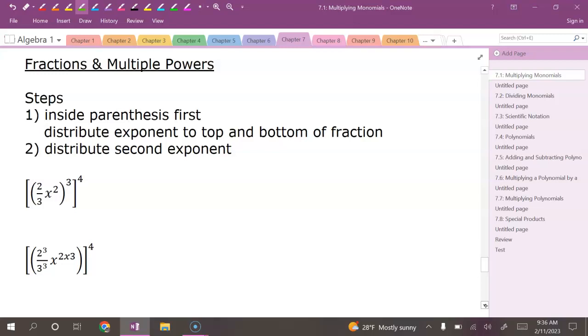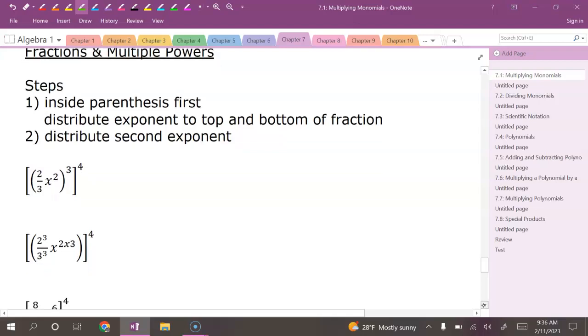If you have fractions and numbers and then you're raised to multiple powers, so we have all these parentheses, all these brackets, all these grouping symbols, what we can do is break this into smaller pieces, where we can do the inside parentheses first and then distribute the exponent to both parts of the fraction, the top and the bottom. And then we'll distribute the second exponent. Now I am going to show you a shortcut to this type of problem too, just in case it works well for some of you, then you can use it going forward with other problems as well.